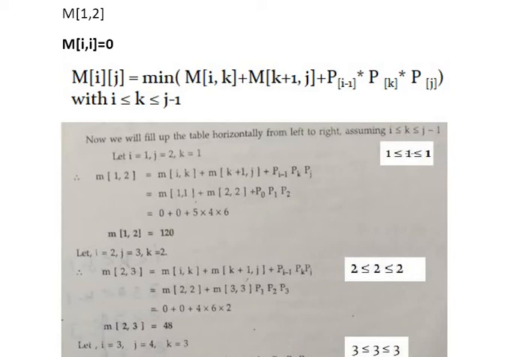अब k की वैल्यू आपको एज्यूम करनी है कि आप k की वैल्यू कौन सी ले रहे हो. मैं फिर से रिपीट कर देता हूं. आपके पास i की वैल्यू है 1, j की वैल्यू है 2 because of m of 1 2. So now you have put here i equal to 1, j equal to 2. So 2 minus 1 is 1.